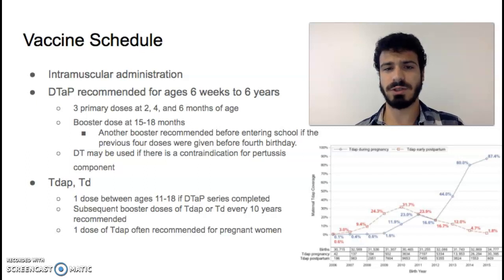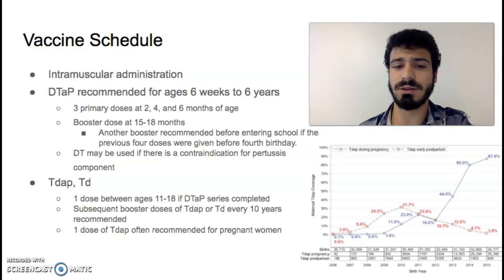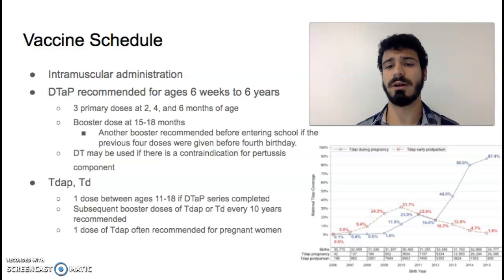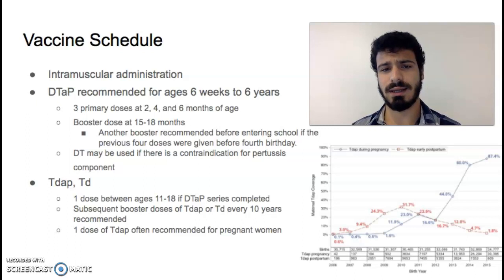And so generally there are 3 primary doses occurring at months 2, 4, and 6. And then after these 3 primary doses during infancy, there's a booster dose at around 15 to 18 months. And then there's another booster that's recommended before entering school if the previous 4 doses were given before the 4th birthday. So between 4 and 6, another dose is recommended.